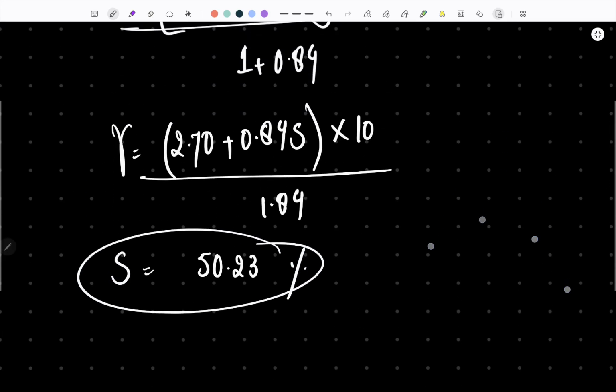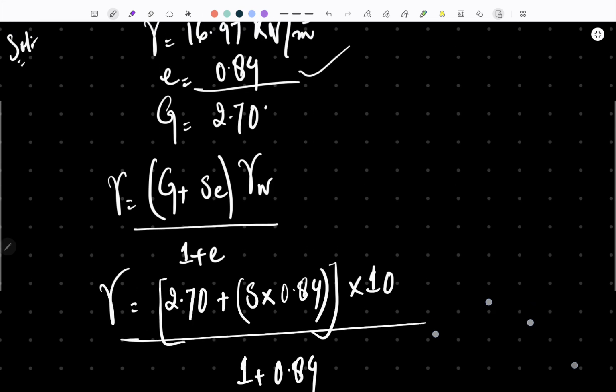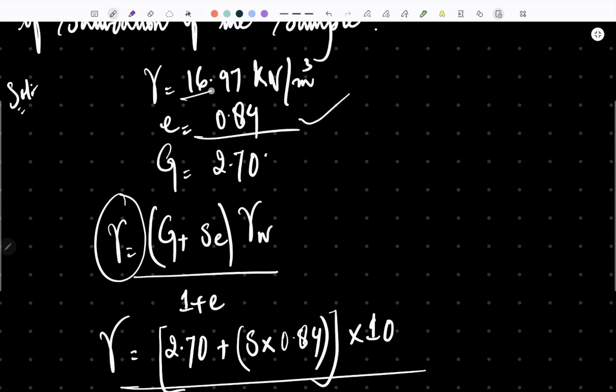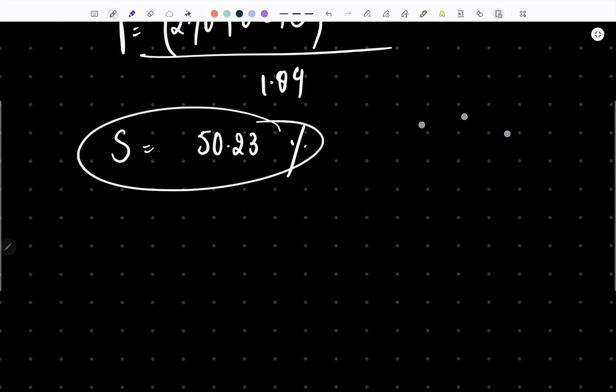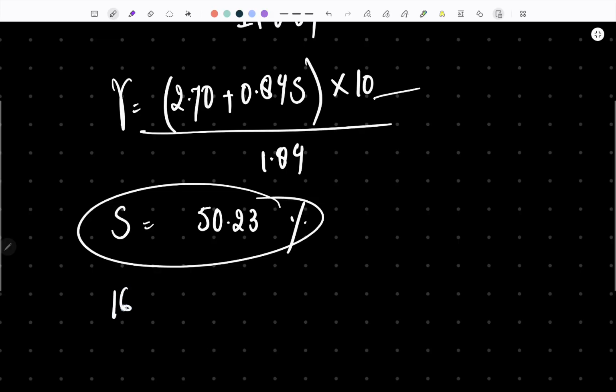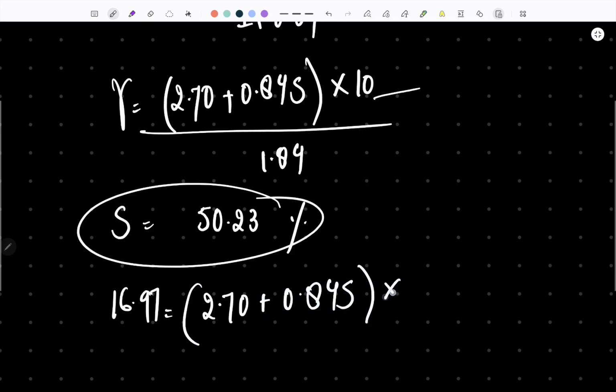Can you tell me how? Because I use 16.97 over here. So in this equation, 16.97 is equal to (2.70 plus 0.84 S) multiplied by 10 divided by 1.84.